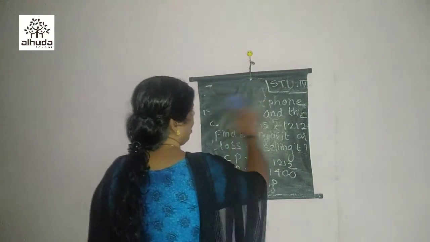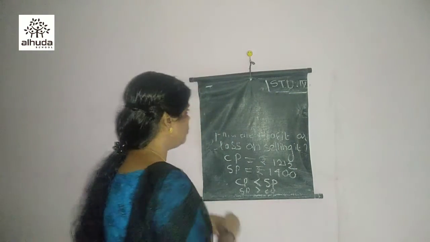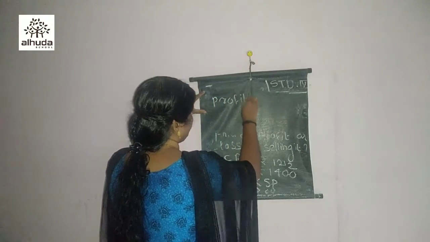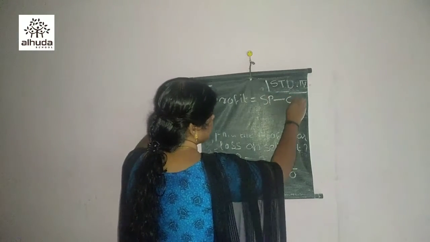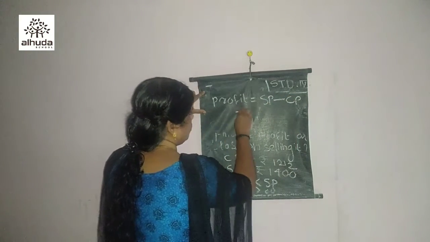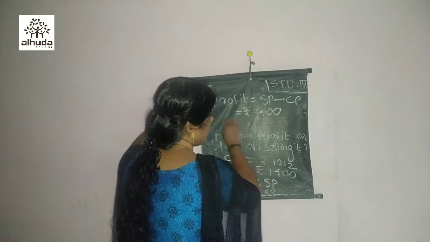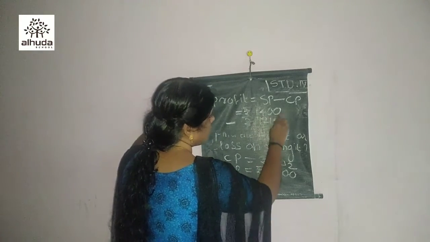So, how much profit is it? Profit is equal to SP minus CP. That is equal to rupees 1,400 minus rupees 1,212.